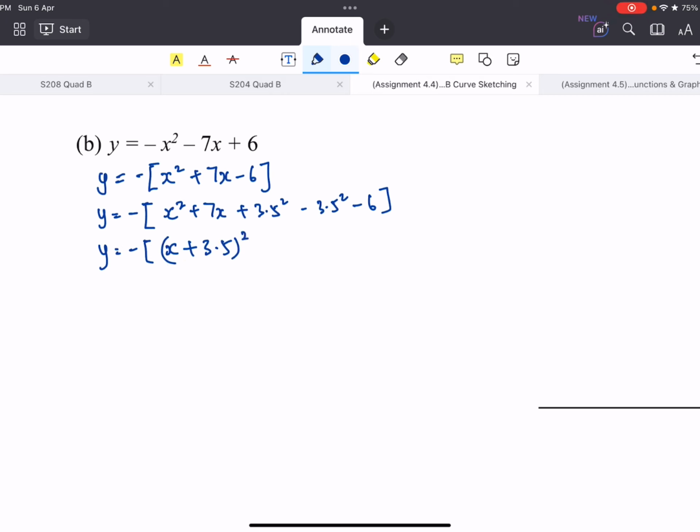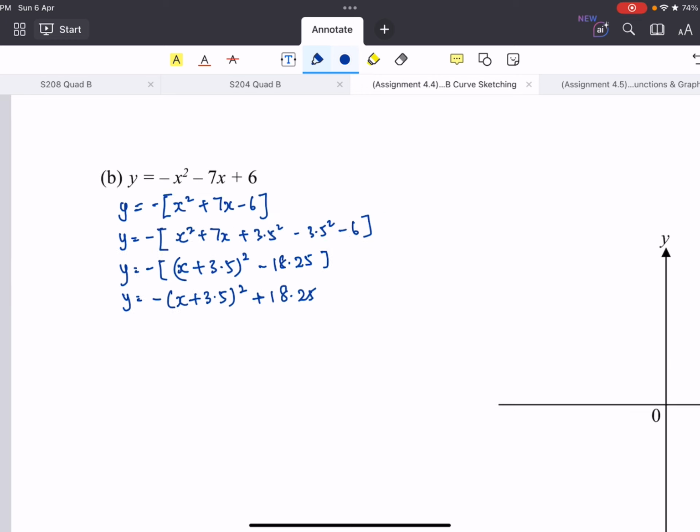And then we have, let's see, calculator. 3.5 squared is 12.25, and then we have 6 there. So it will be negative 18.25. Distribute the negative in. This will be negative (x plus 3.5) squared plus 18.25.